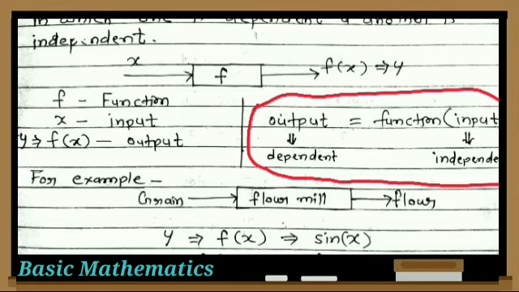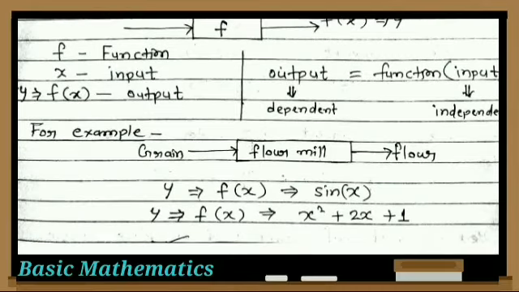Here input is the independent term because input may be anything, but output is the dependent term, because as we provide the input, that will give the output accordingly.